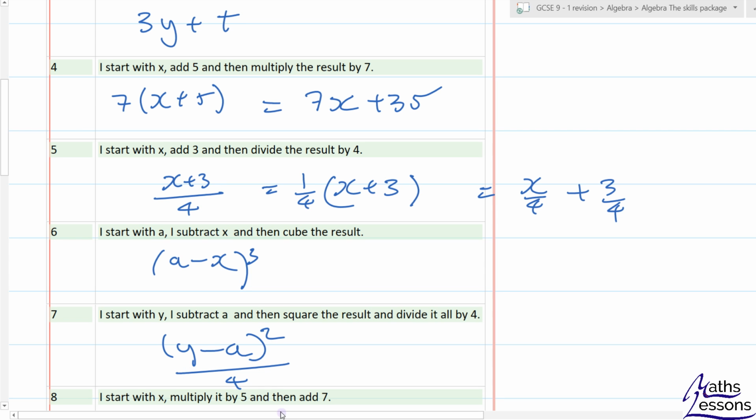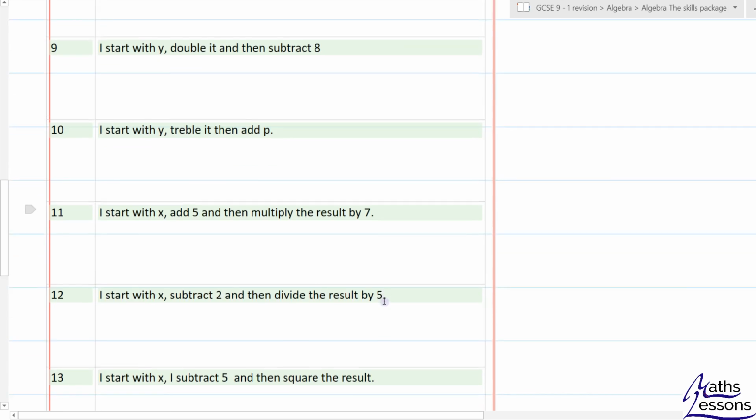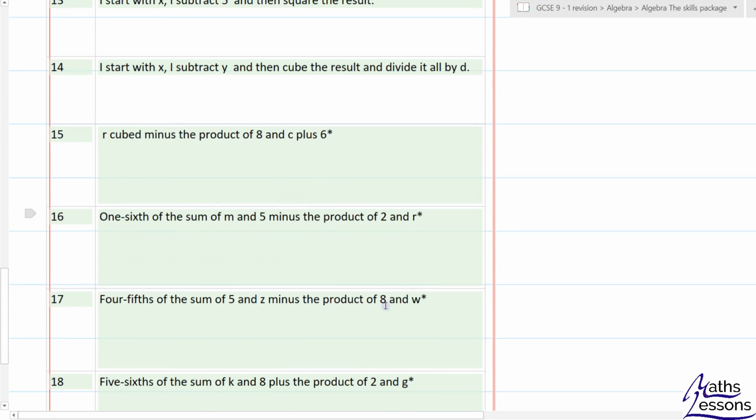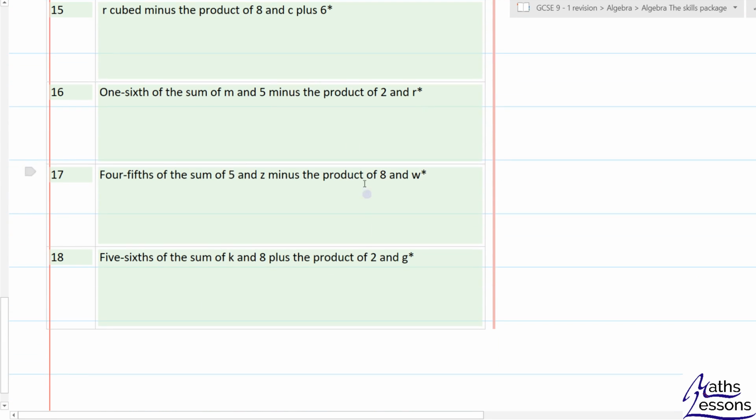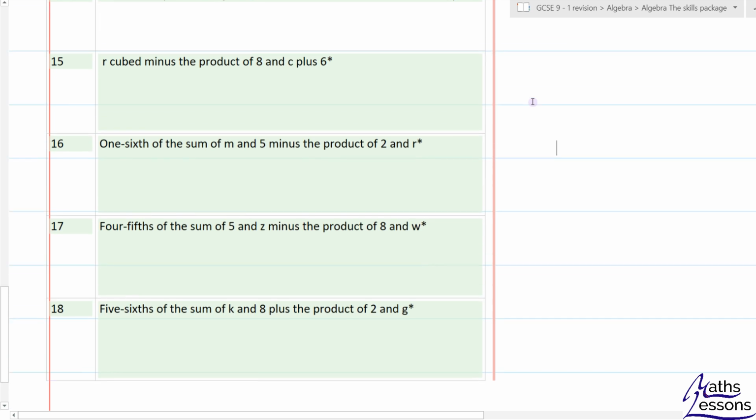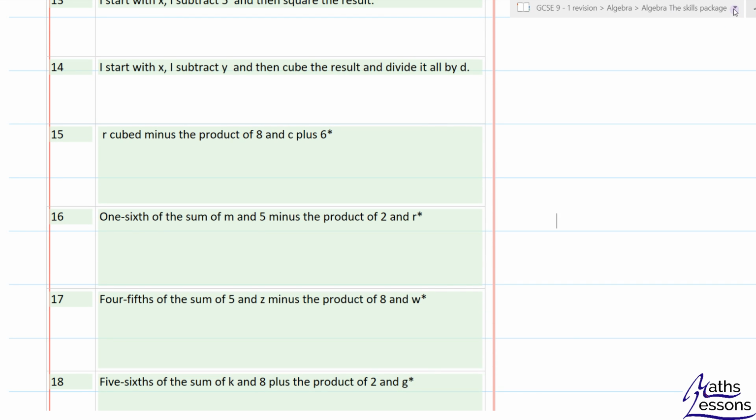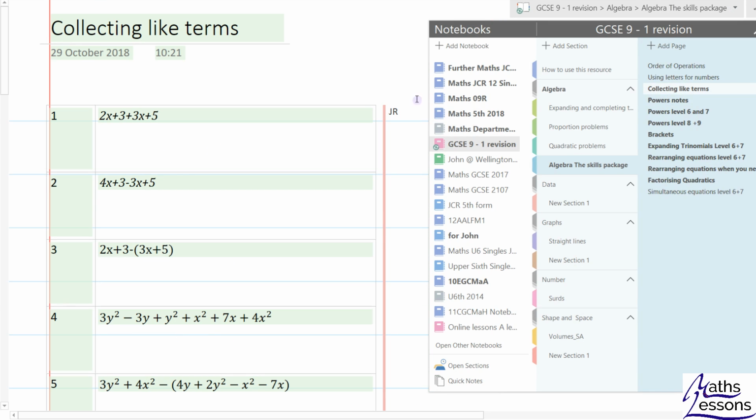Okay, and then the rest of the questions on this sheet repeat those, to give you a chance to get some more practice. Some tricky ones at the end for you to go at. I'll fill in the answers to these over the next few days. Check those later. Right, let's move on.